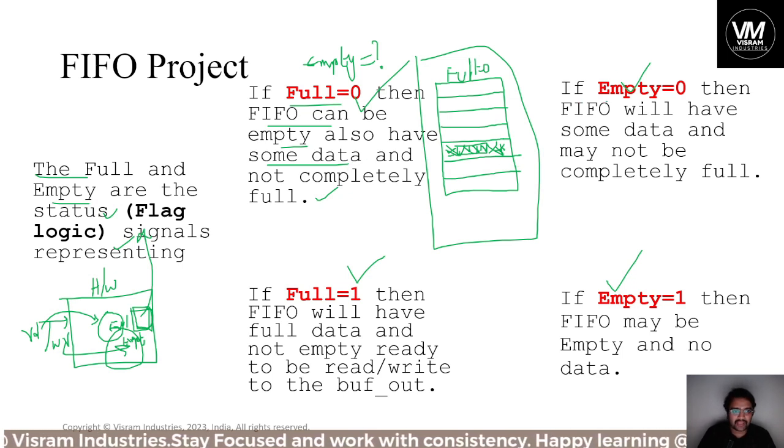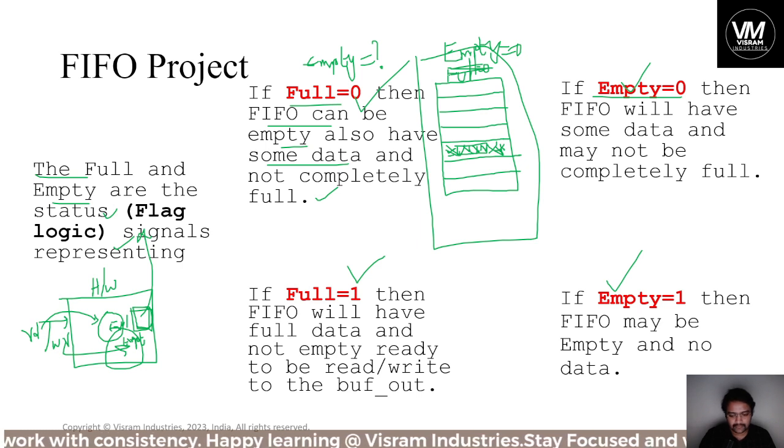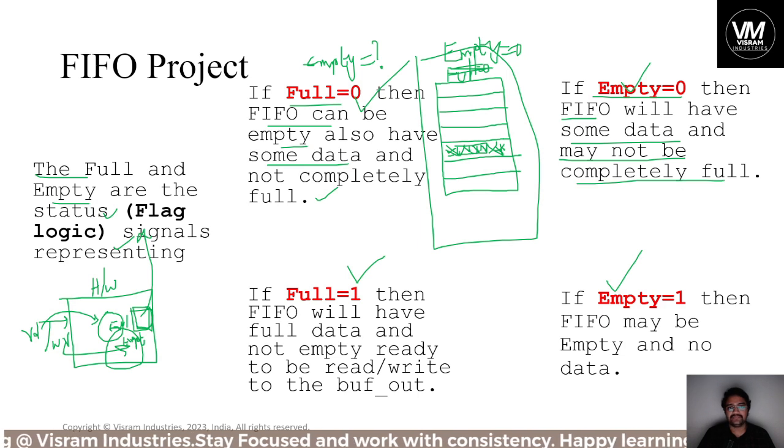Likewise, if empty is equal to 0, forget about the previous one. The previous one is, if empty is equal to 0, then the FIFO will have some data and may not be completely full.